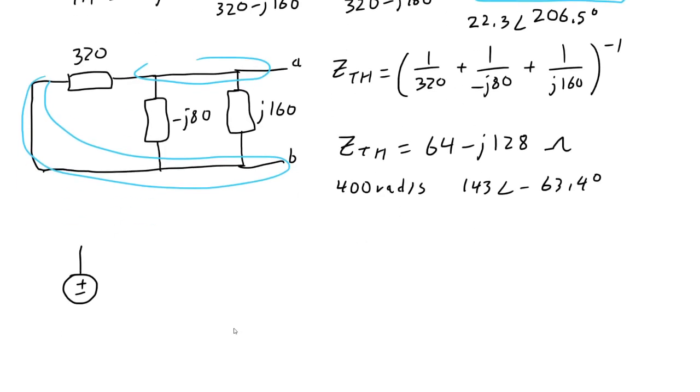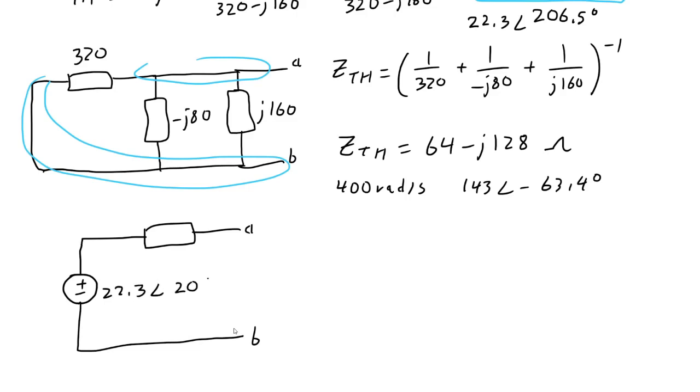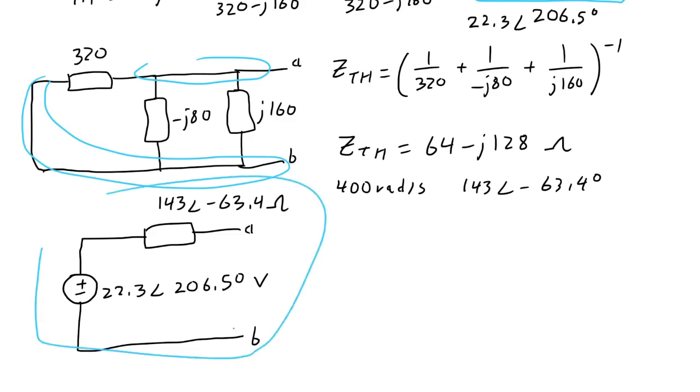So our equivalent circuit is going to be something like this. So this is going to be 22.3 at 206.5 degrees volts, and 143 at a phase angle of minus 163 ohm. That's our equivalent circuit.